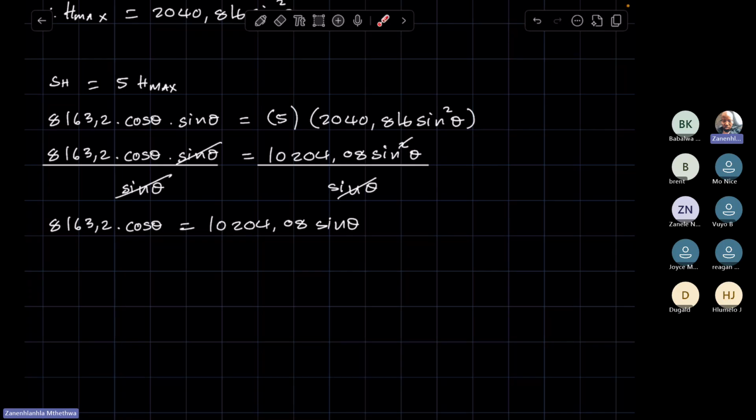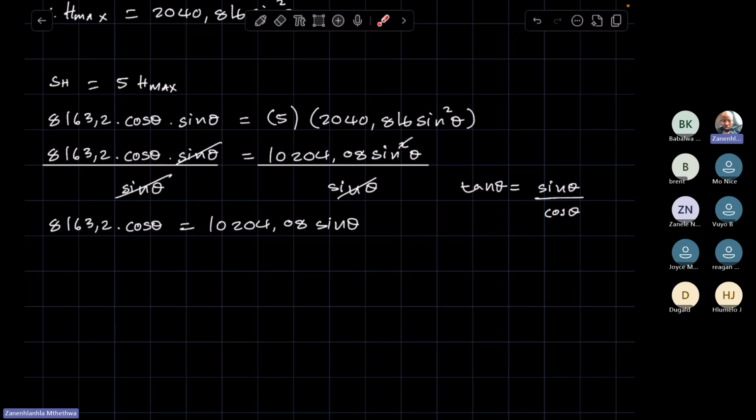Right? Now you have two trigonometric ratios, cos and sine. So the best thing to do here is to use cos and sine and turn them into tan theta. Now, what is tan theta equal to? What is tan theta equal to, people? It's equals to sine over cos, sir. Yes. So tan theta we know is sine theta over cos theta. All right. So we have to manipulate this equation such that it suits this condition.